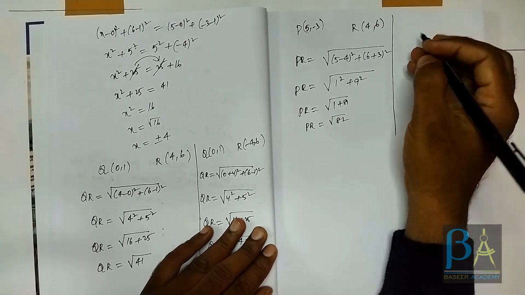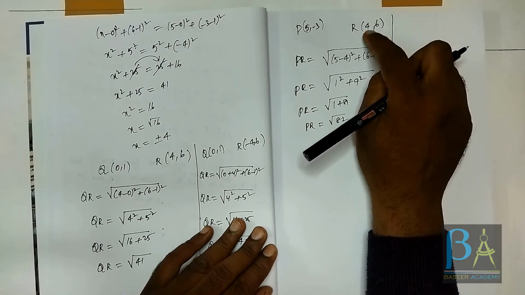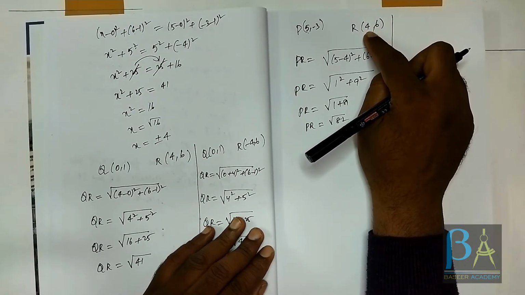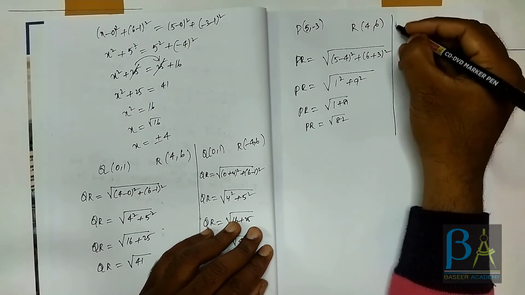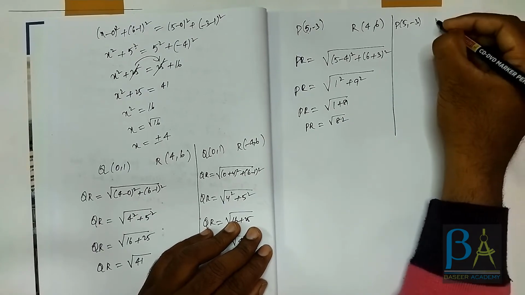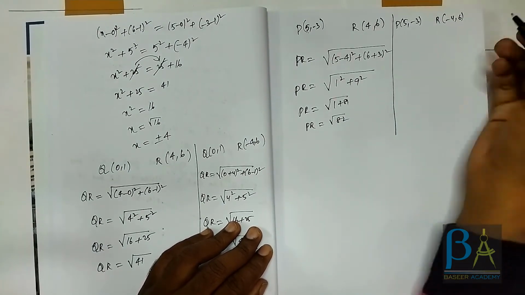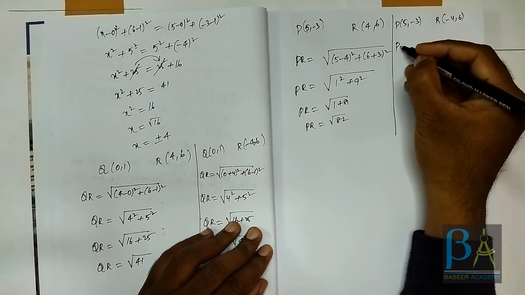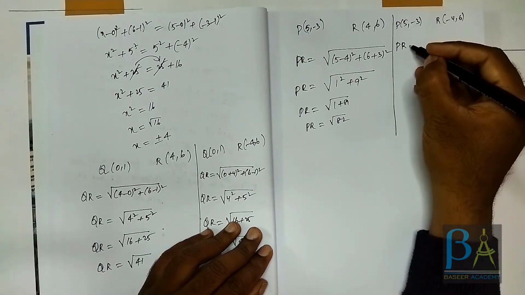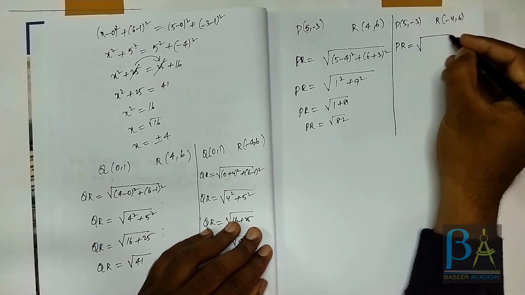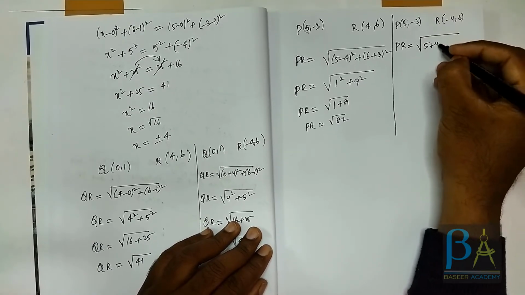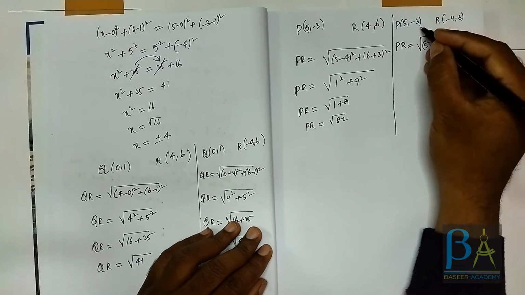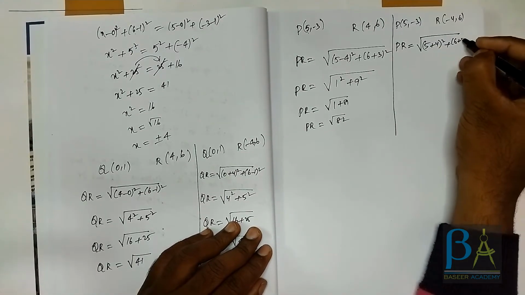In the same way, the next time, in place of x, you can write minus 4 here. So P is (5, minus 3), but then R is (minus 4, 6). Let us see if that makes any change here. PR is going to be square root of (5 minus of minus 4 is plus 4), (6 minus of minus 3 is plus 3).